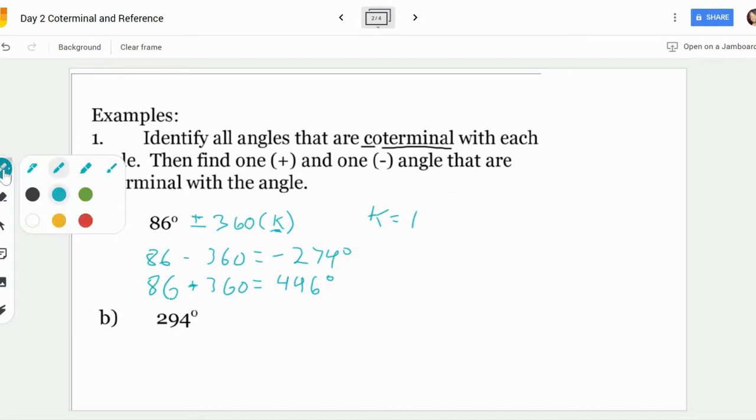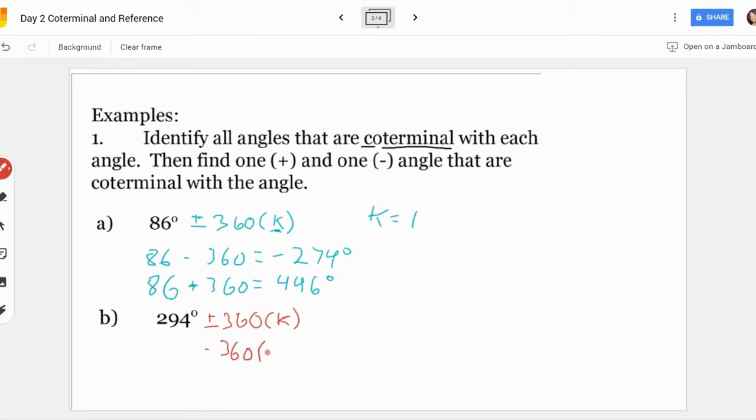Same thing with 294. You could add or subtract 360, and this expression right here represents the set of all possible coterminal angles. So 294 minus 360 gives me negative 66. If I subtract 360 times 1, I get negative 66 degrees, and 294 plus 360.